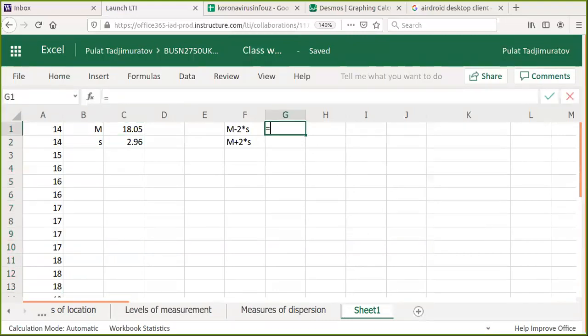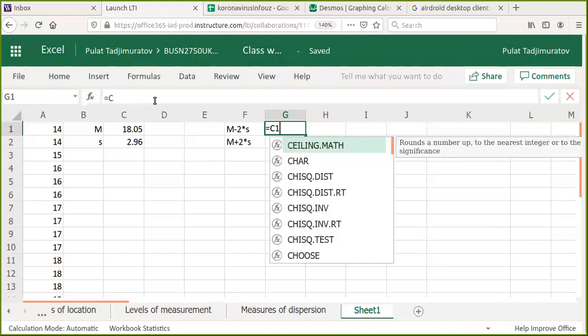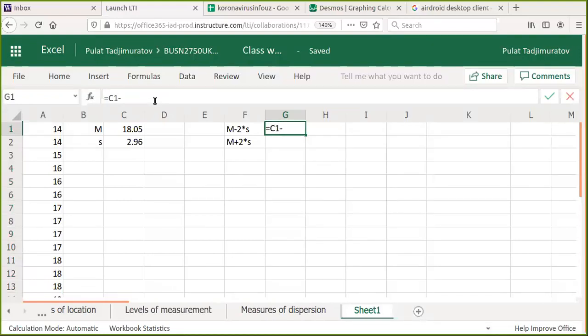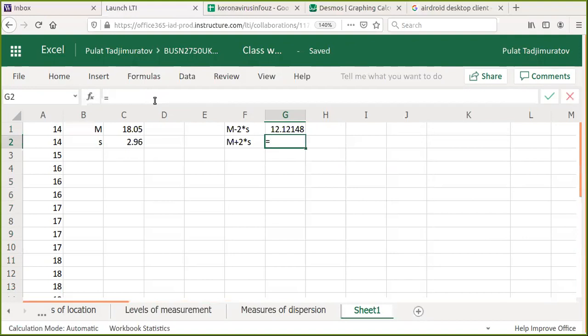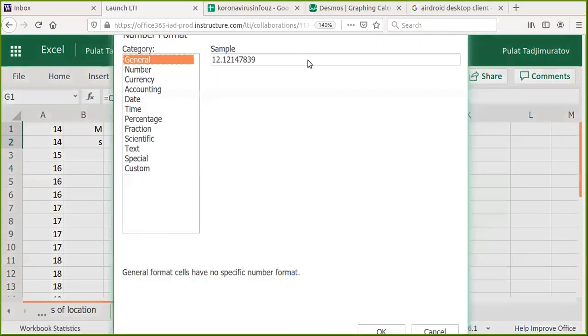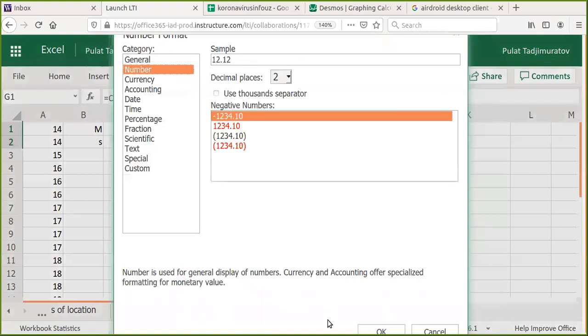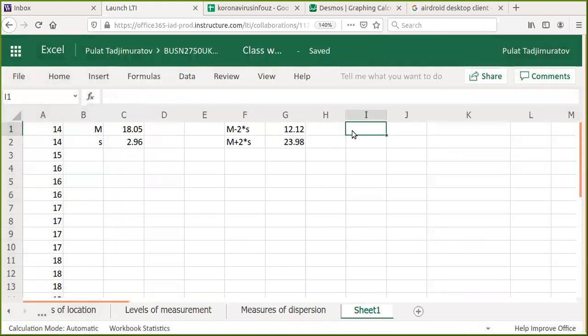So here, C1 minus 2 times C2, and C1 plus 2 times C2. And again, let's round them to 2 decimals. That will be enough. Okay, so I want to find how many numbers are there between 12.12 and 23.98.